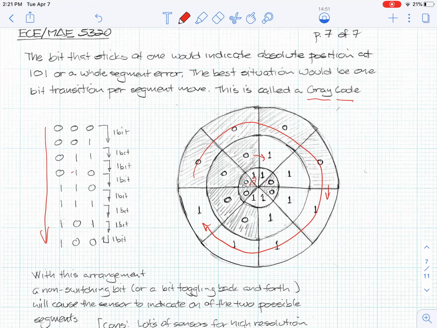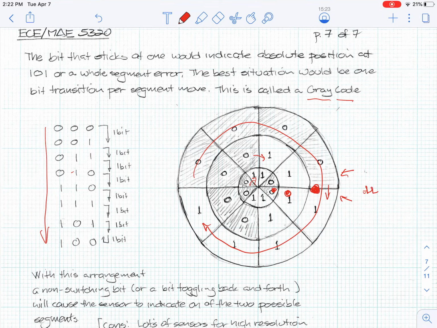Okay, so by only changing 1 bit at a time, I guarantee that if I'm stuck in a similar measuring position with this bit dithering, this one and these two fixed, let's say that they're fixed to where they're supposed to be, then the only thing that will happen is I will move between these two adjacent positions.